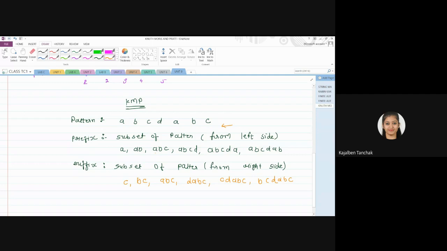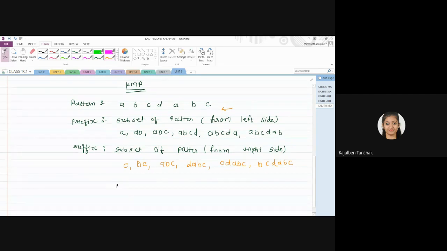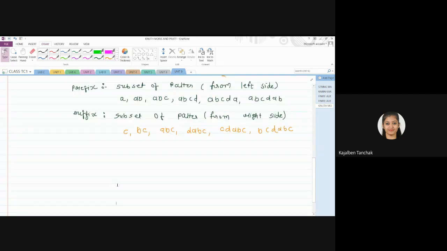So you have to find the prefix and suffix of the pattern, and based on this you have to prepare the pi table. This pi table is called the LPS table, longest prefix suffix table. Okay, so how will you build it? Let me take this example.